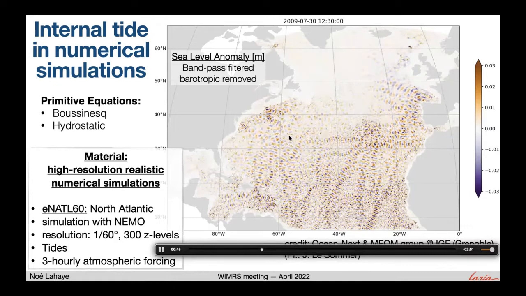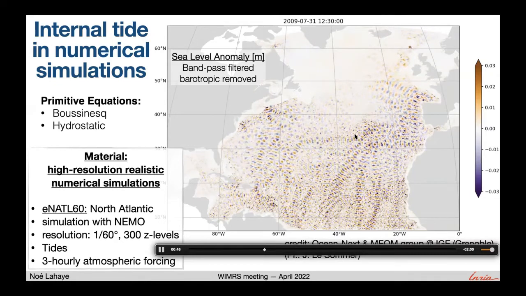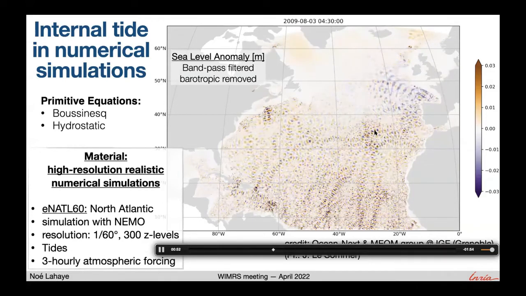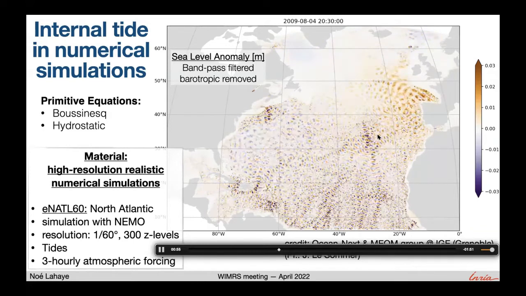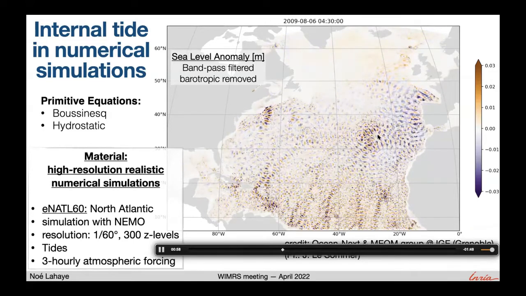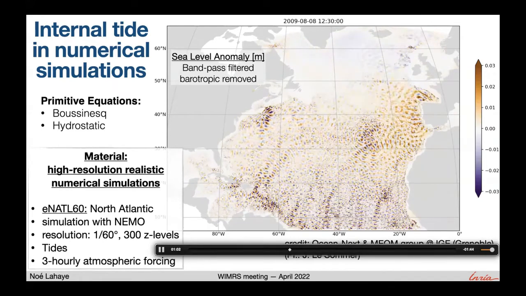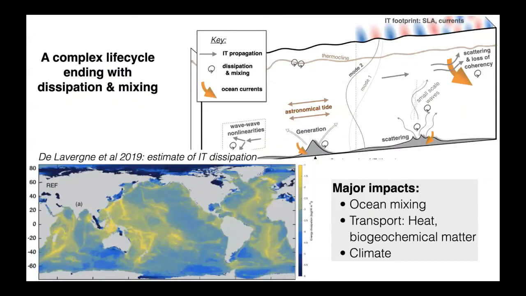In this movie we can spot prominent internal tide generation spots, such as here around the Azores Islands, and we can also see that this internal tide field is made of long-range propagating internal waves.